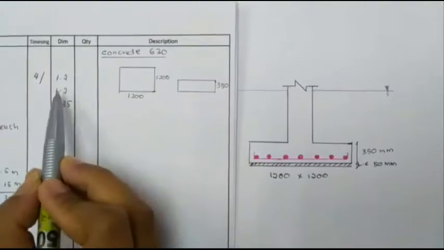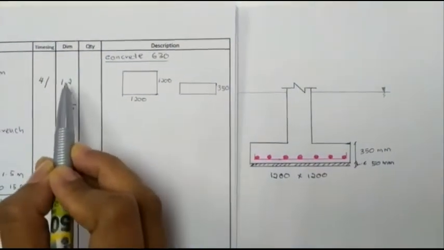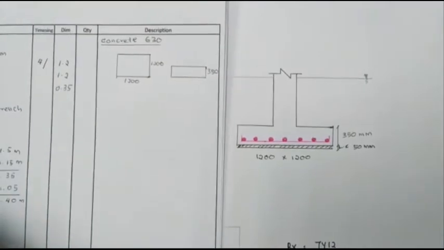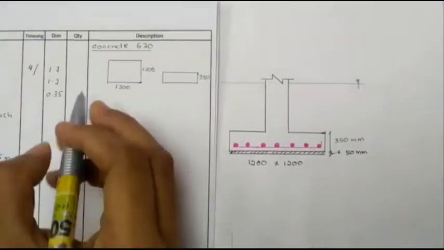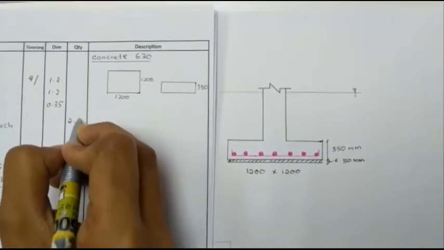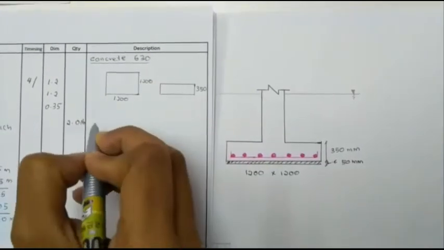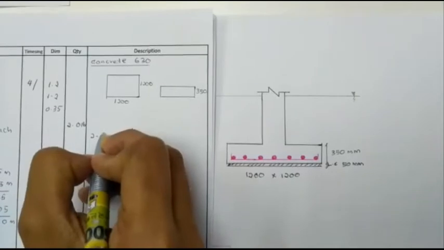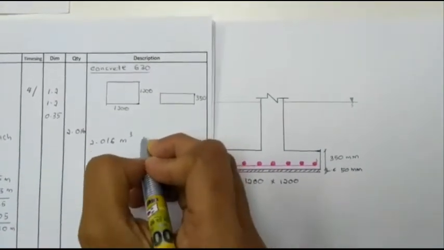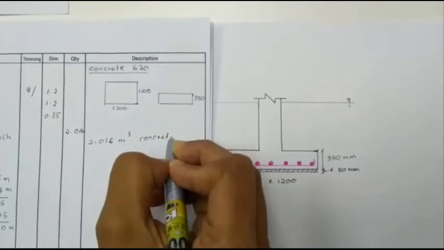Please make sure that you arrange the values according to the length, breadth, and thickness of the pad footing. So we multiply all these values, we get 2.016. So we write here again 2.016 meter cube for concrete grade 30.